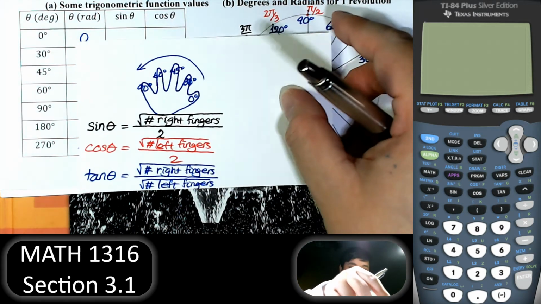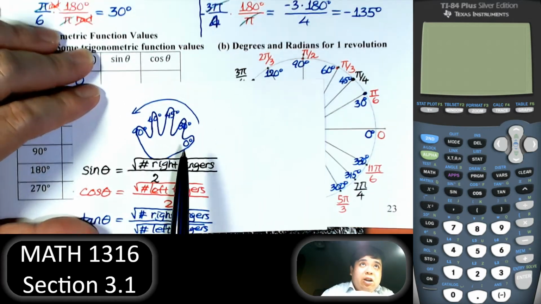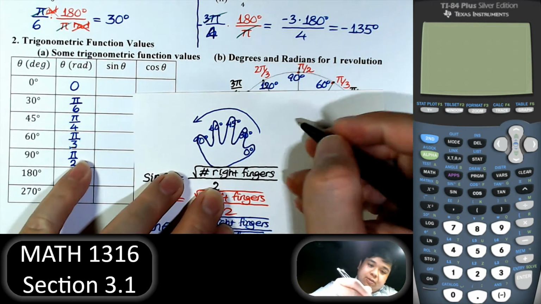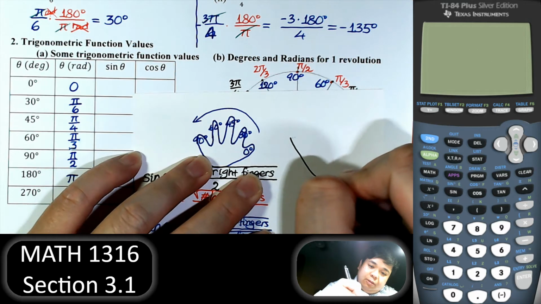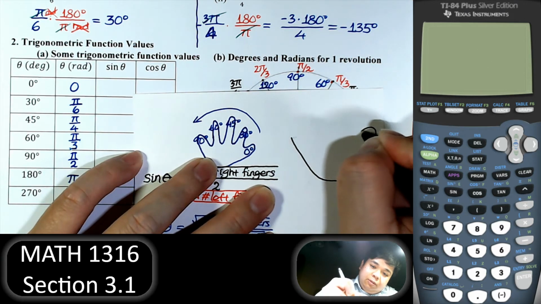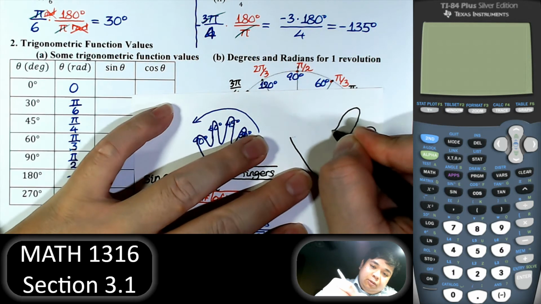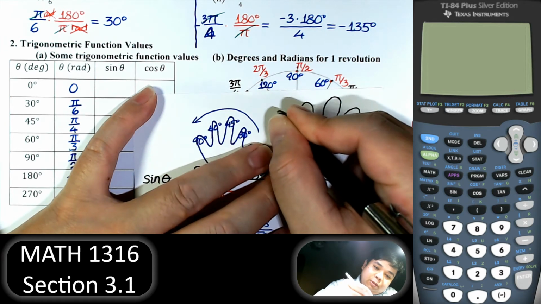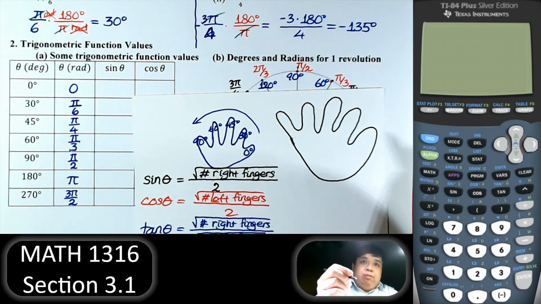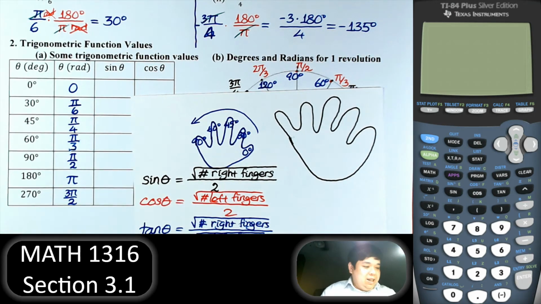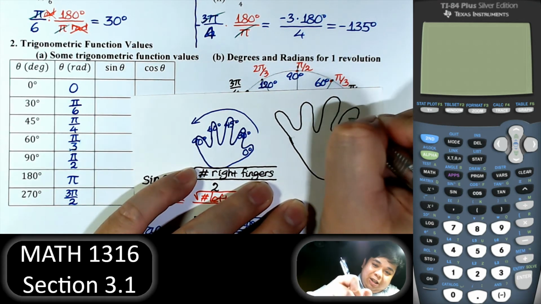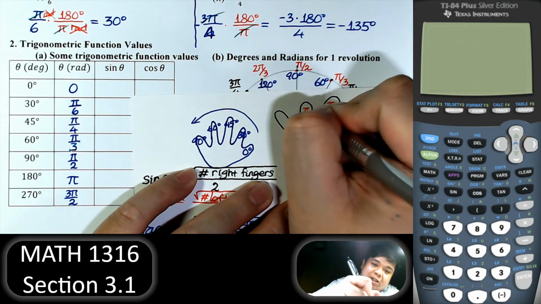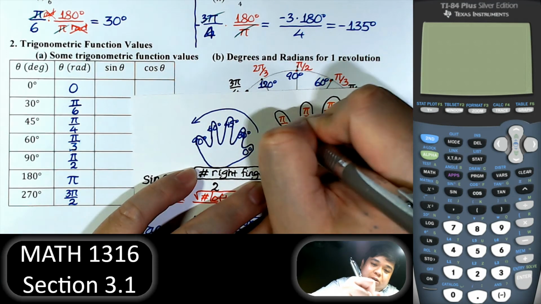Update for the right hand rule. So if it is in degrees, it will be 0, 30, 45, 60, and 90. Now in radians: 0 degrees, 0 radians, pi over 6, pi over 4, pi over 3, and pi over 2.